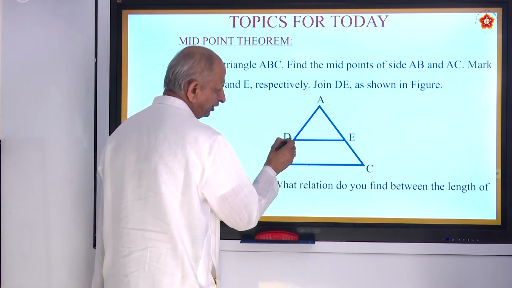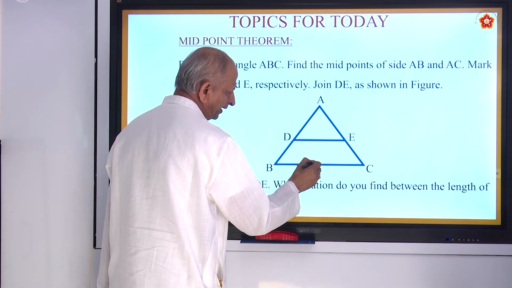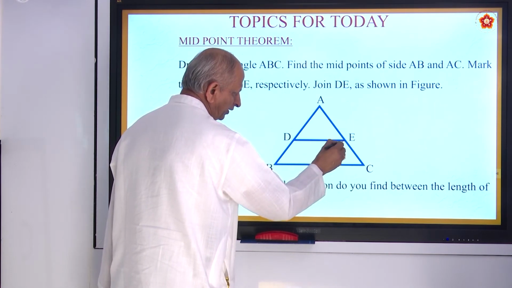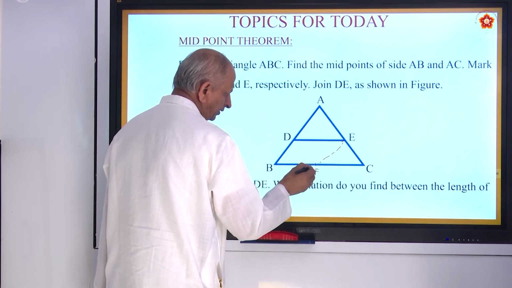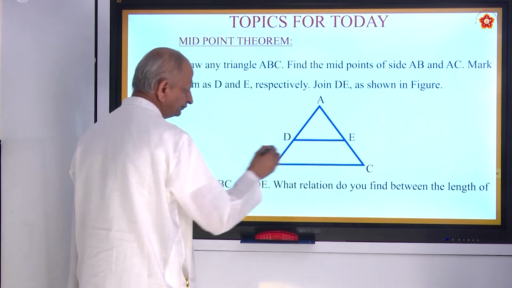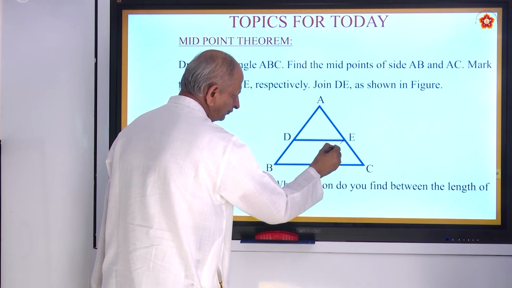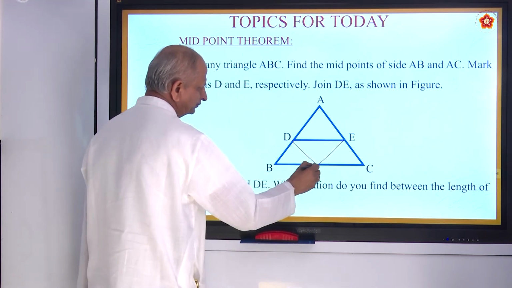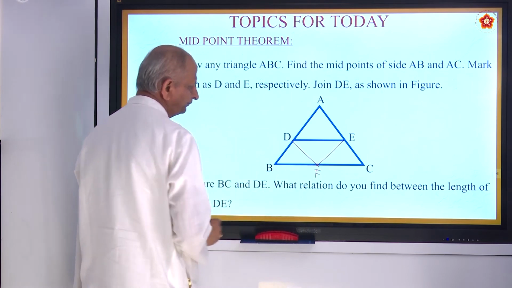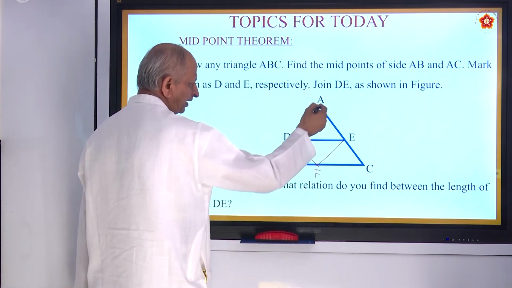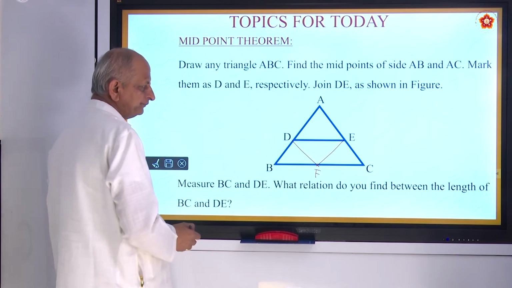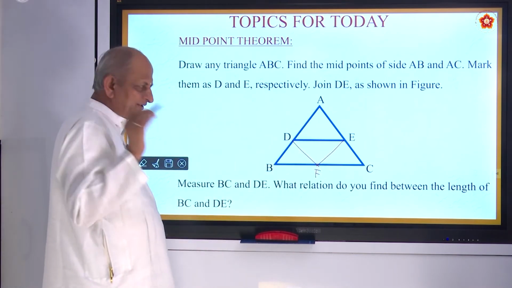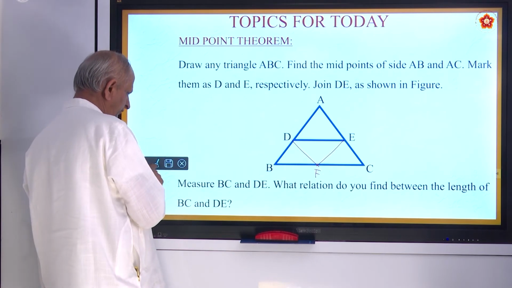And similarly, if you join this also, suppose you mark the midpoint as F and join this F, then EF is half of AB and DF is half of AC. Are you following? So, all this holds good.